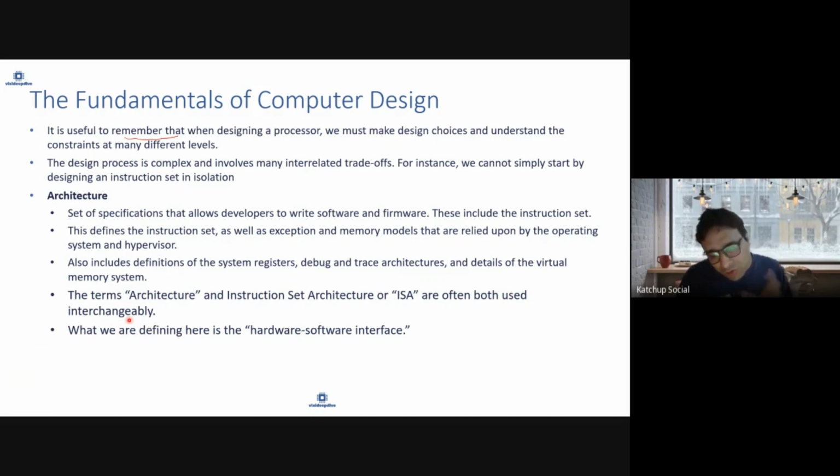What we are defining here is the hardware-software interface, which allows people to write software and compilers. So you have a set of C code, and if the compiler understands the instruction set architecture, it can convert that into assembly code. To convert that into instructions, it has to know this.